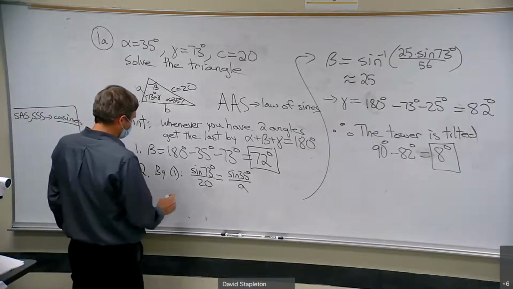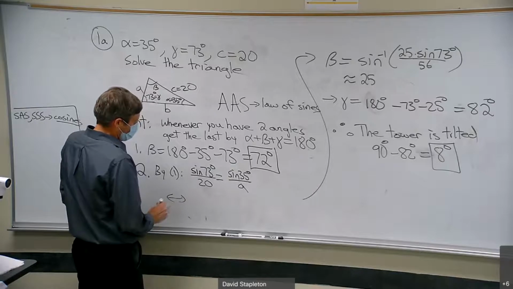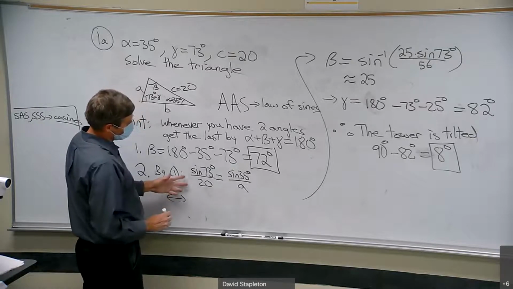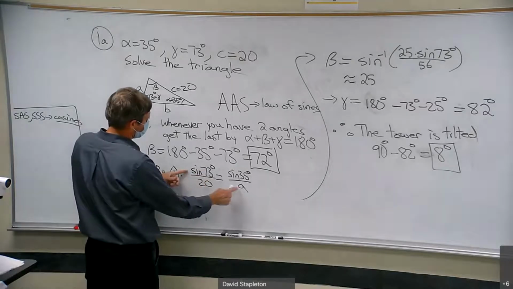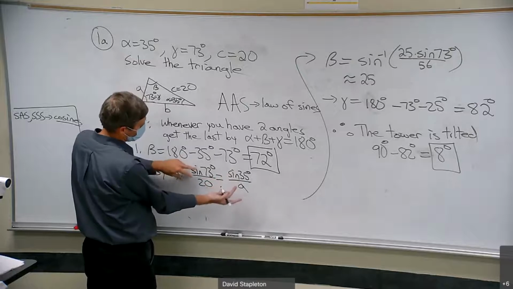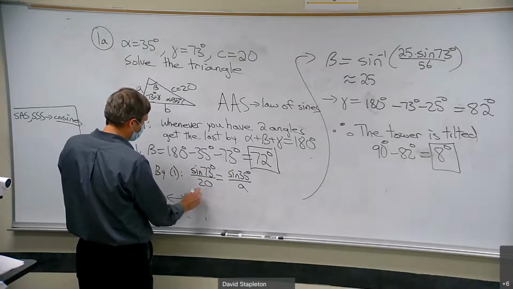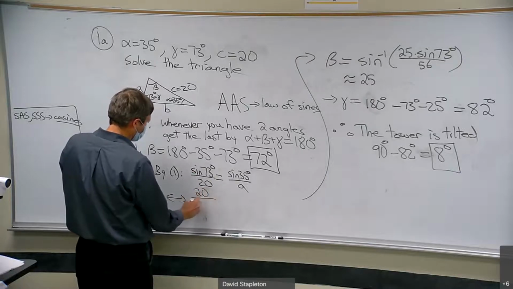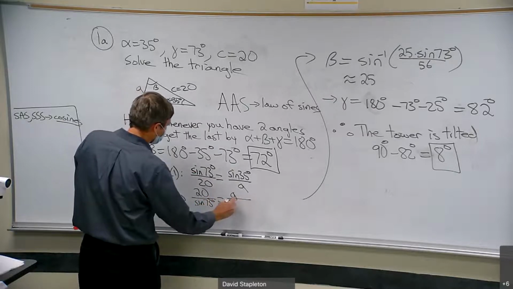Now what you can do to solve this is algebra. There's multiple ways to solve this. The two most common are you cross multiply this times this equals this times this. You can do that if you want, or you can say, oh, if these are two equal, then their reciprocals are equal, and you can solve it that way. Let's do reciprocals, but do the way that works for you. I'll say if these two are equal, then the reciprocal of this one, 20 over sine 73, is the reciprocal of this one, A over sine 35.